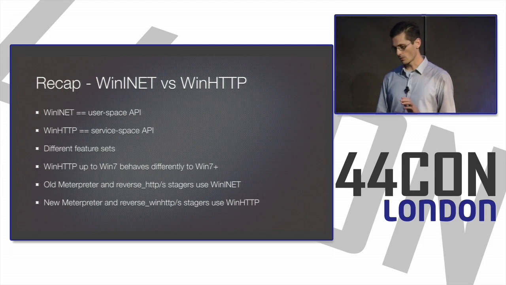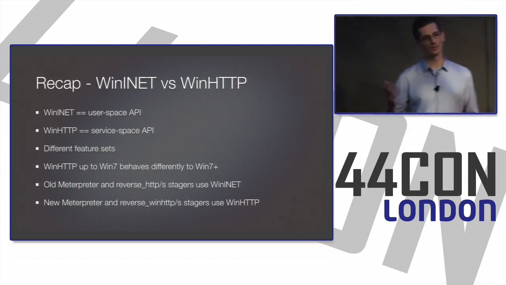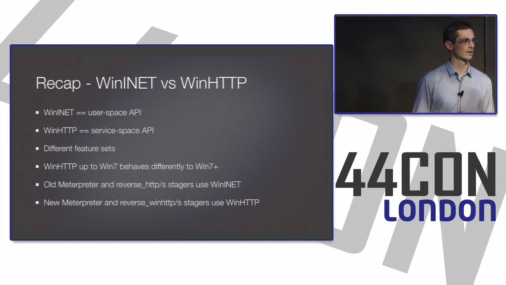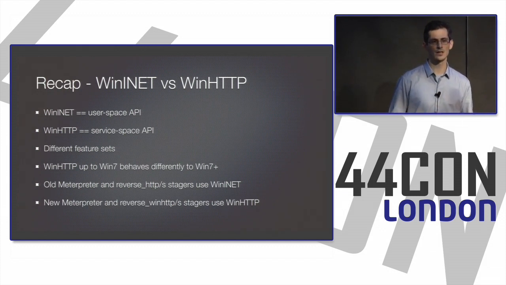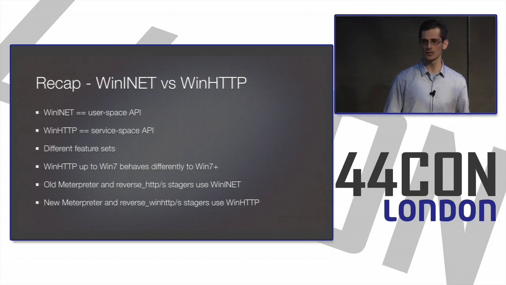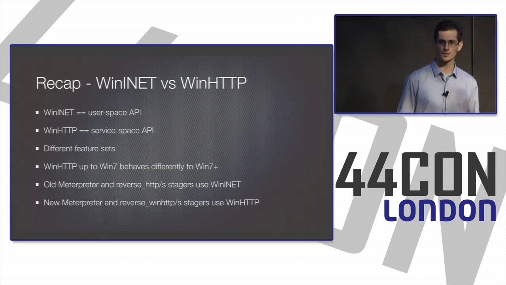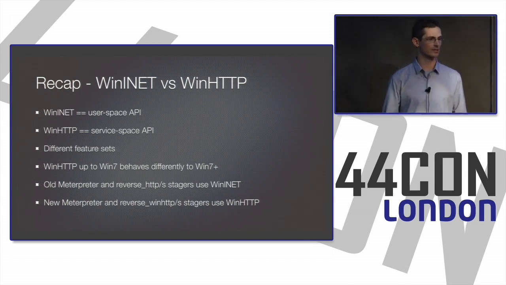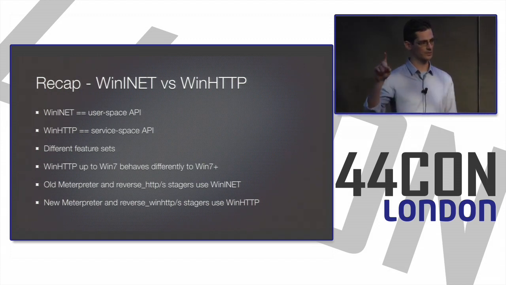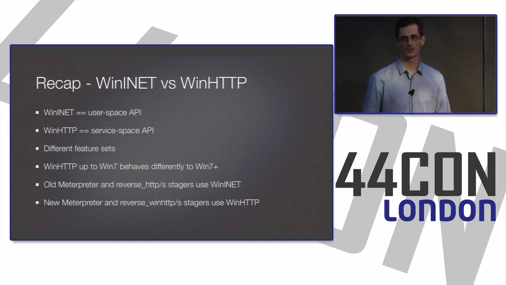What we're used to doing when we type reverse HTTP or reverse HTTPS, behind the scenes, we're using something called WinINET, which is the user-level API for dealing with HTTPS comms. And behind the scenes, that adopts all the settings that come out of the user's Internet Explorer. So all the internet options all get adopted magically.